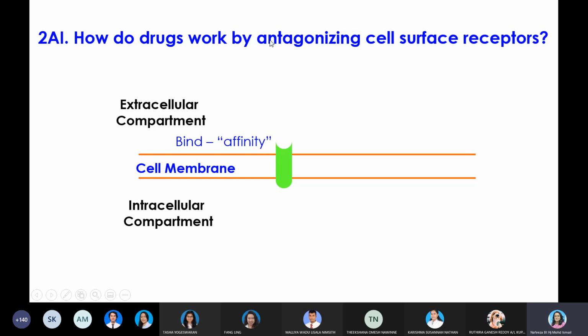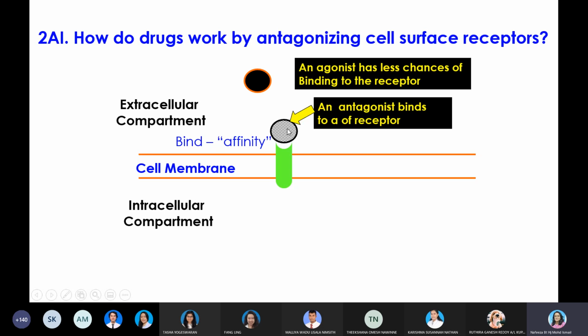Okay, how does it antagonize a cell surface receptor? An agonist binds to a receptor. When an antagonist binds to a receptor, the agonist has less chance of binding to the same receptor, or the endogenous ligand cannot bind to the receptor.